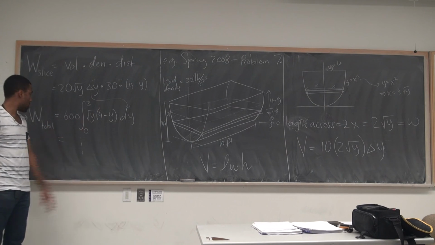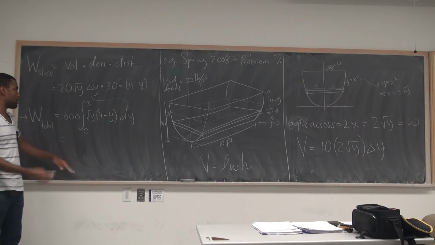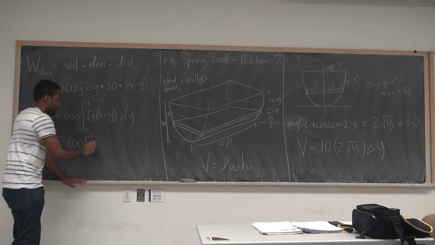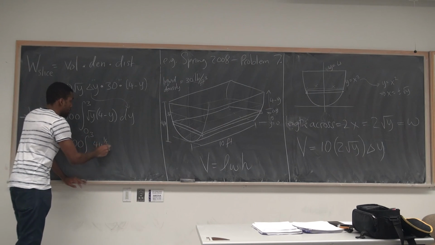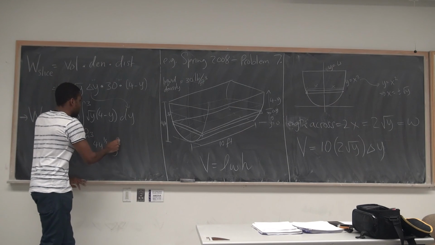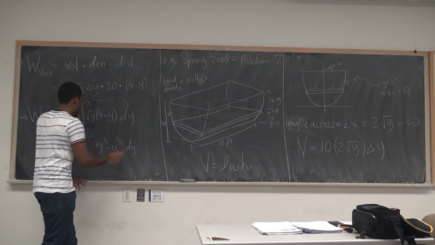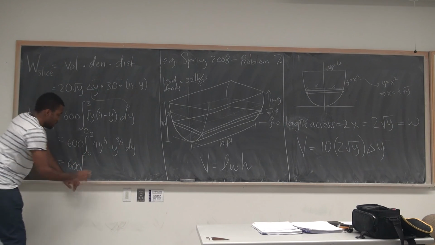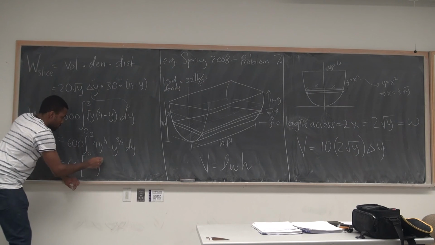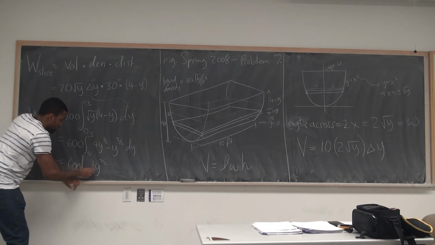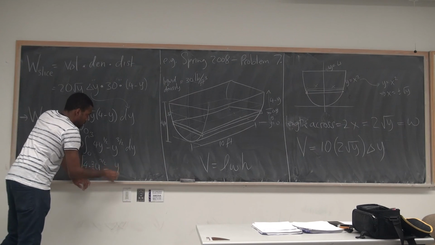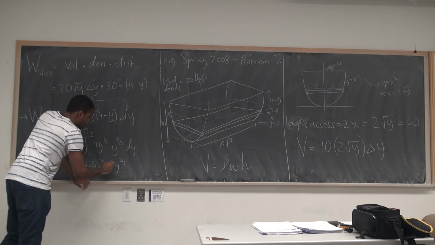Just expand, do the power rule. Treat that as y to the half. So this is just 600 times the integral from 0 to 3 of 4y to the 1/2 minus y to the 3/2 dy. Add 1 to the power, you get 3/2. Divide by the new power, you get 2/3 times the 4. Minus, add 1 to the power, you get 5/2, times 2/5.